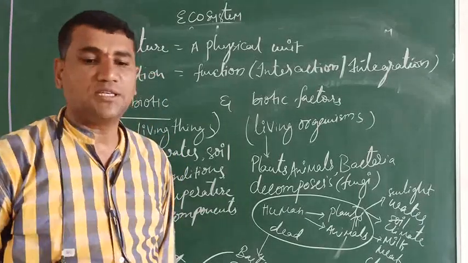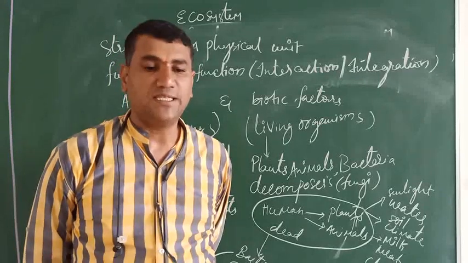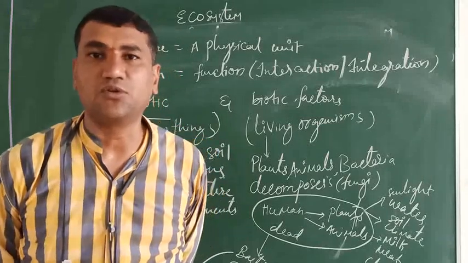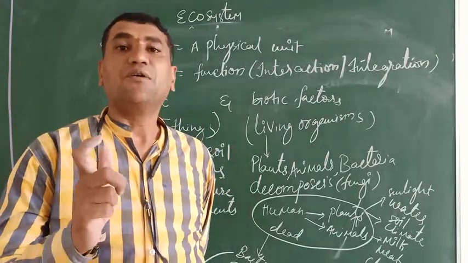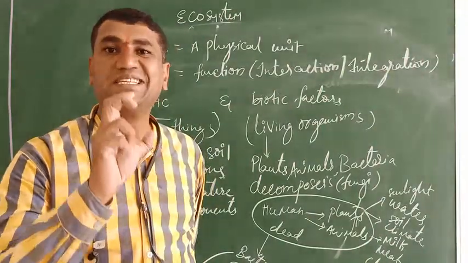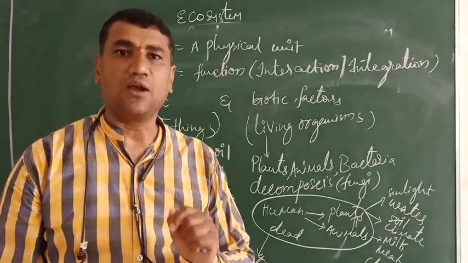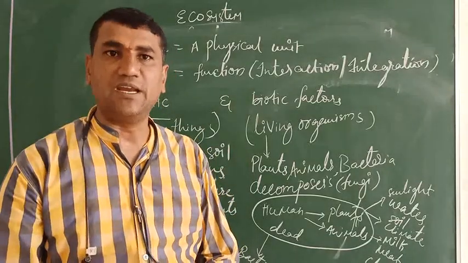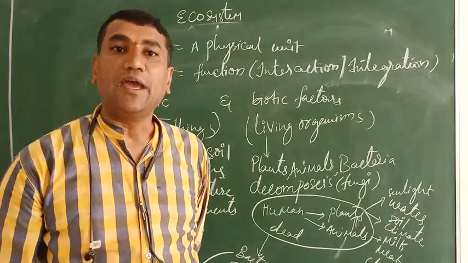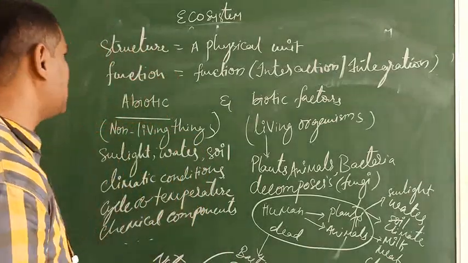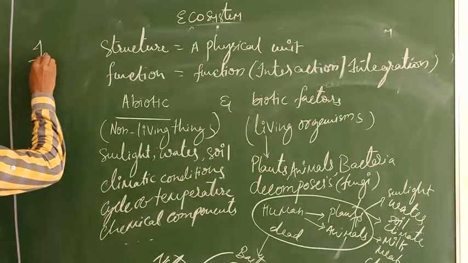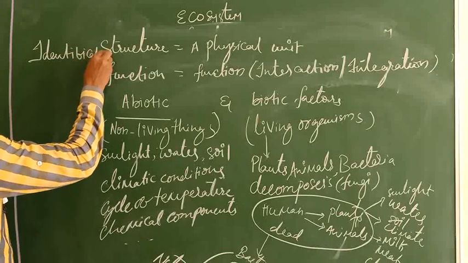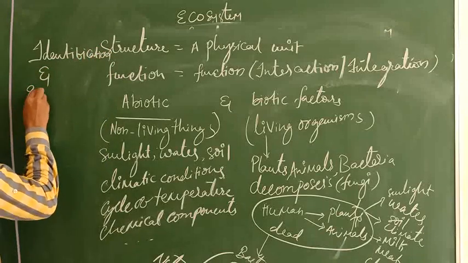So here the ecosystem can be learned as a physical structure with functional components, which is a characteristic feature of the ecosystem. Here we can identify, differentiate, separate and enumerate. That is identification and enumeration.